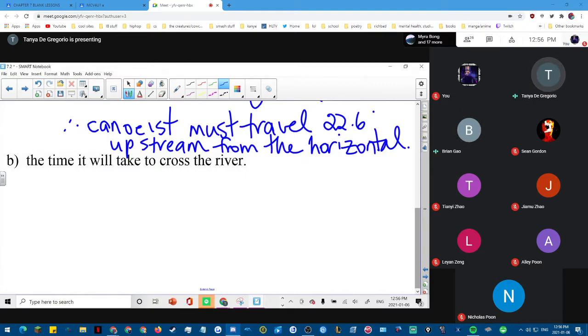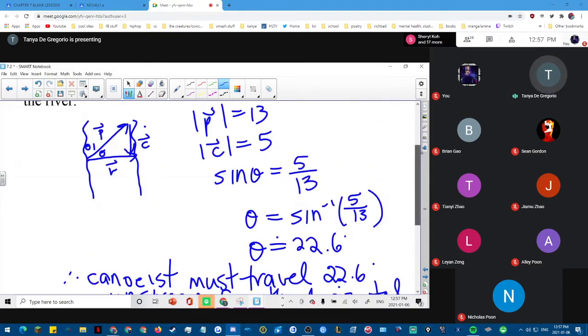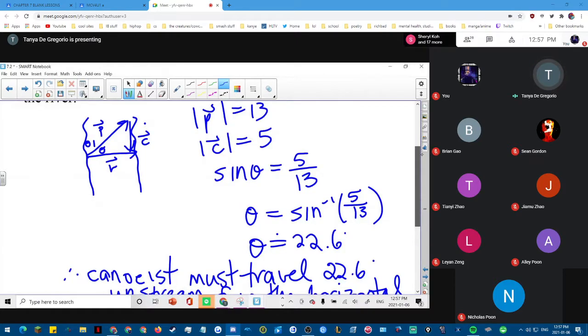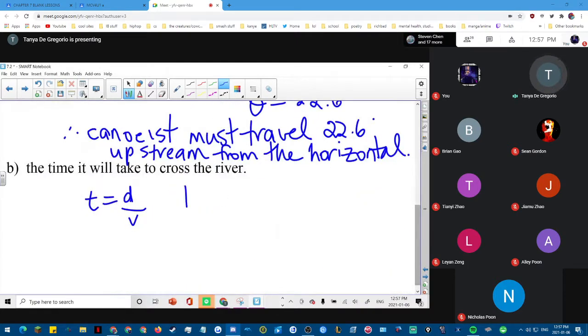We're going to find the resultant using the Pythagorean theorem. Why? Because ultimately, what do we need to do? We need time, so it's distance divided by velocity. Beautiful. So I know that I need time, which is distance divided by velocity or distance divided by speed. And so that means I need to find the distance. Okay, and so we have to solve for the magnitude of r. And we're going to use the Pythagorean theorem.